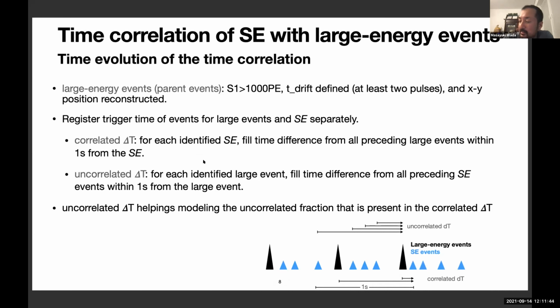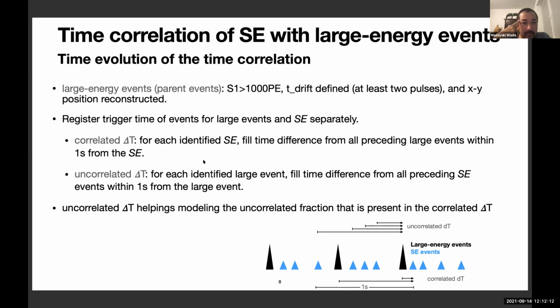Because we believe this is impurity, we try to get the time correlation with the original event. The idea is that the original large event happened, a bunch of electrons were created and drifted up, but they were captured somehow by impurity and released later. We don't know the mechanism of release.